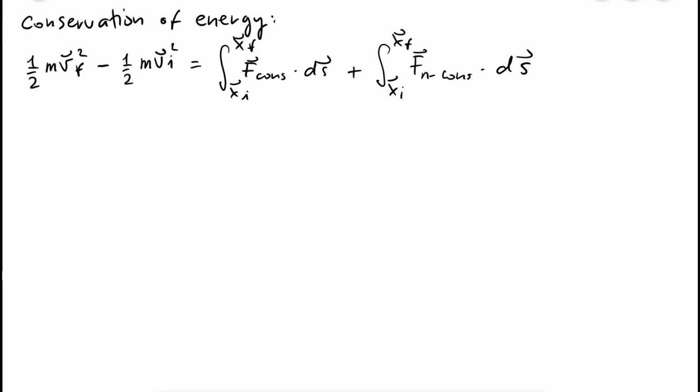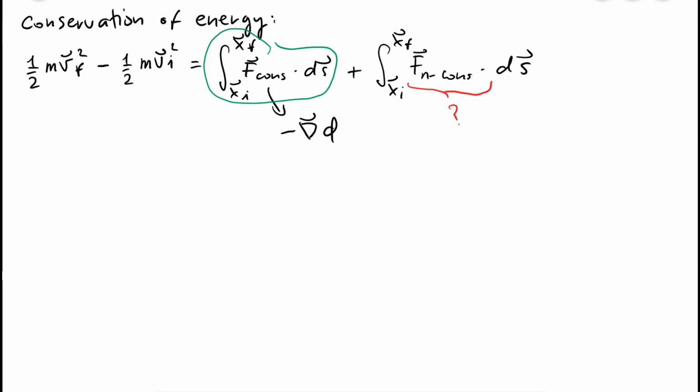Now, if we look at this term, we really don't know how to write it, so we must leave it as is. But we know for a fact that this is the minus gradient of a potential energy function. And so for this part, I want to focus on this integral.